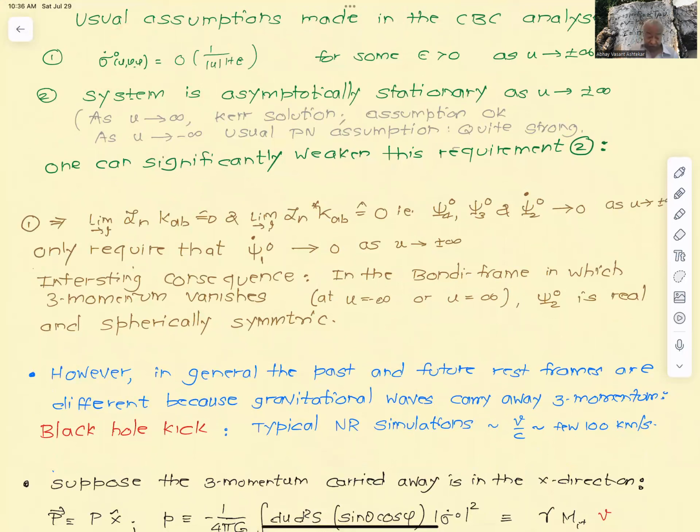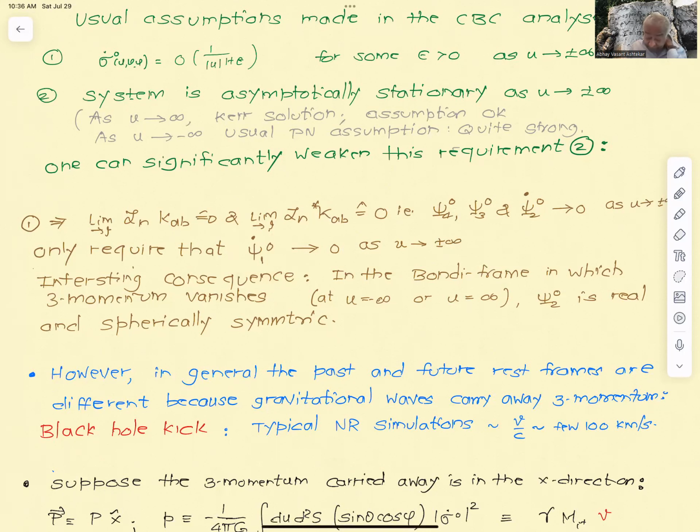So we make an additional assumption. We replace it by another assumption, which is much weaker, which says that psi1 naught dot also goes to 0. Here one says that psi1 dot is just 0 before some time. And here we're saying that it only goes to 0 asymptotically as u goes to plus or minus infinity. At u equal to plus infinity, it does go to 0 because there's a curved space-time.